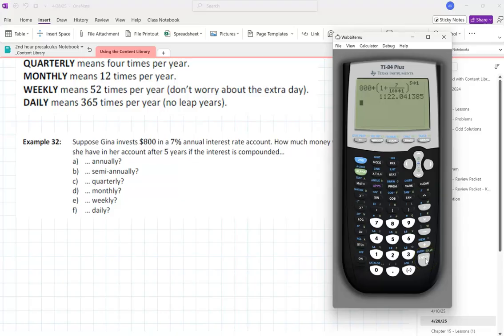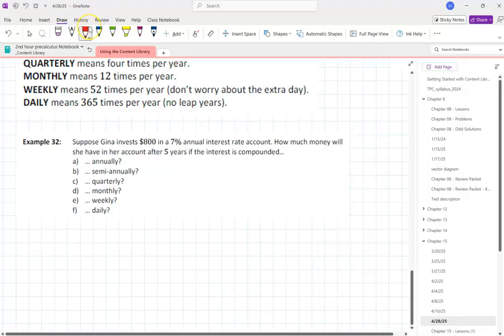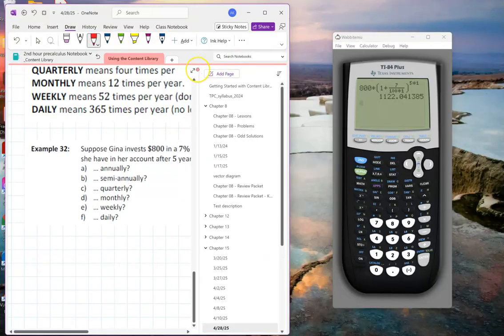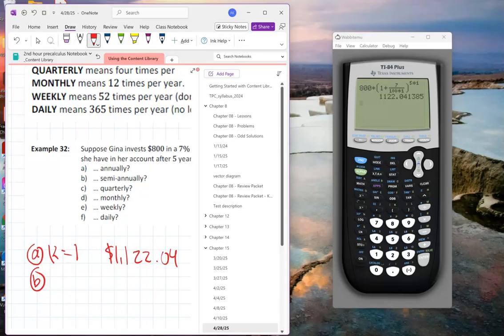So we have $1,122.04. And by the way, why am I rounding to 2 decimal places in these problems? Because it's money, right?